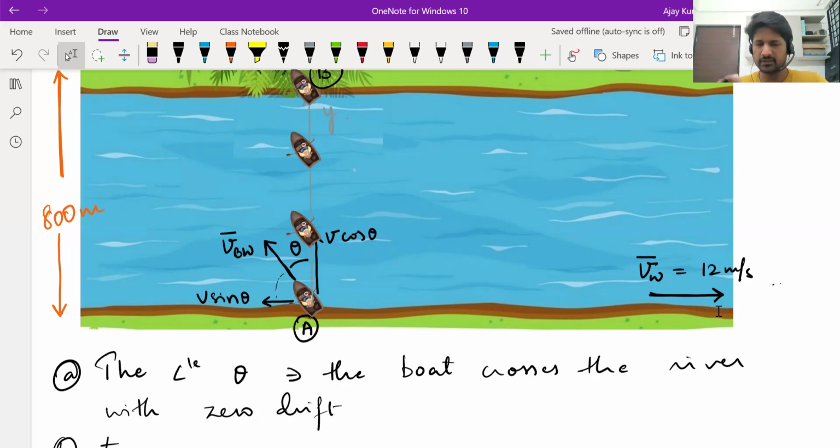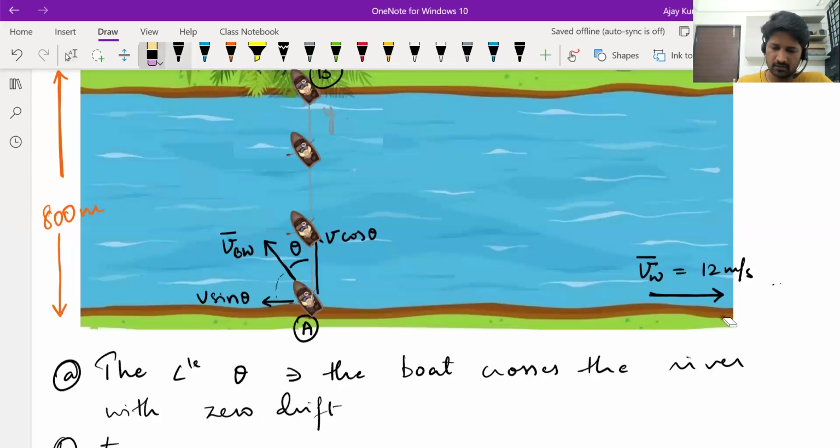Let the angle be theta with the y-axis. Had there been no flow, the boat would have gone like this. But because of the flow, it gets dragged downstream. Every instant it gets dragged downstream. It's not like it goes to that point and then starts moving downstream. That is not how it happens.